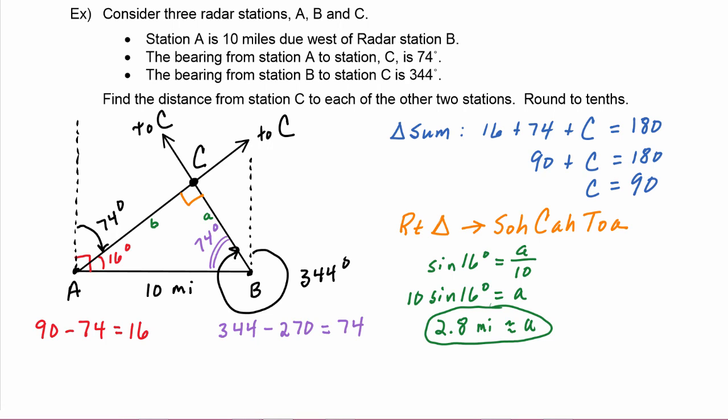Now to find side b, we can again use whichever angle that we want to. We could use the 74 and use the sine function, or we could use the 16 and use the cosine function. So maybe we'll do that since we just used sine function.